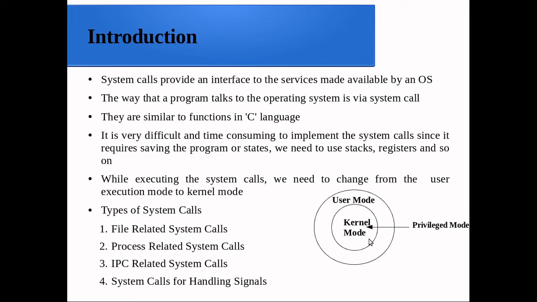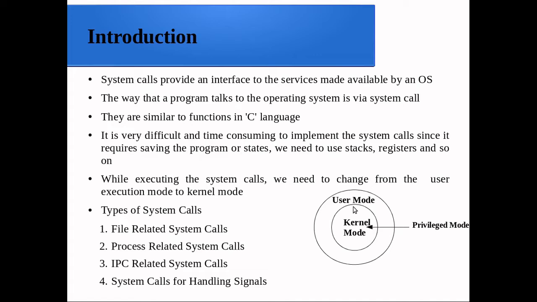So what is the main purpose of the system call? A system call is a call to the operating system saying that the program needs access to certain resources. It makes the program change from user mode to kernel mode, and that process is called context switching.